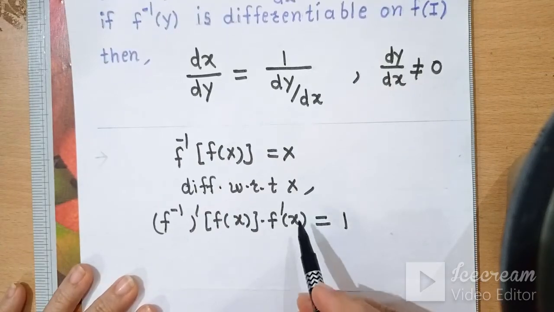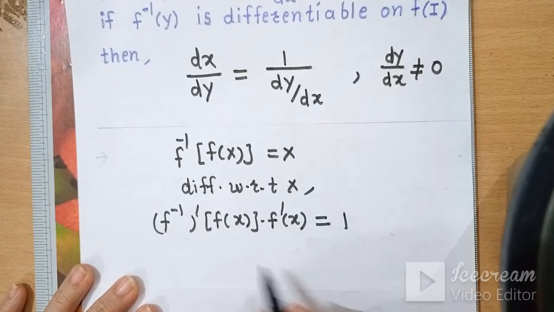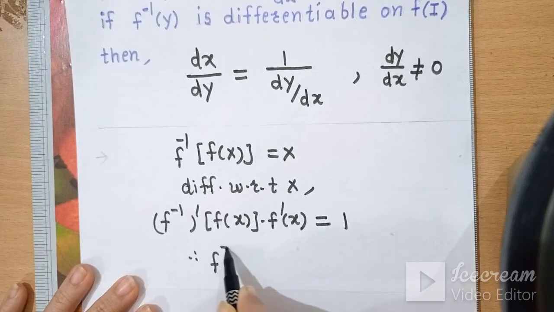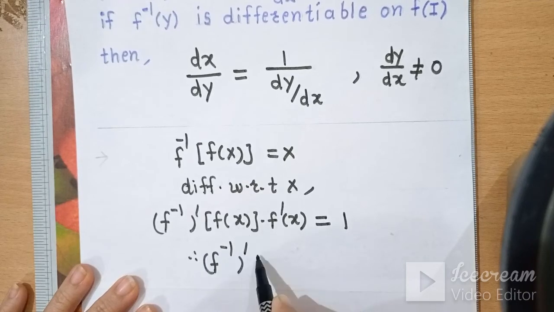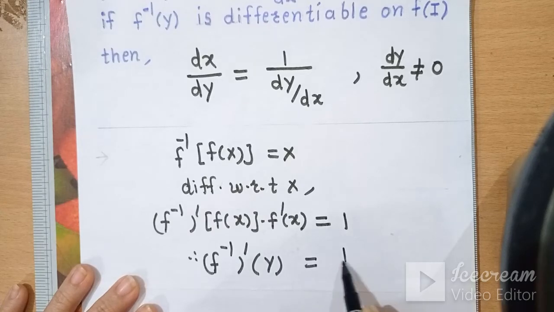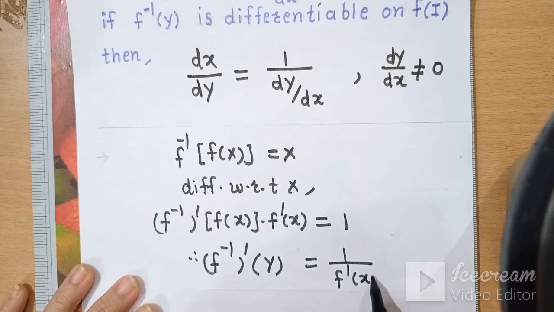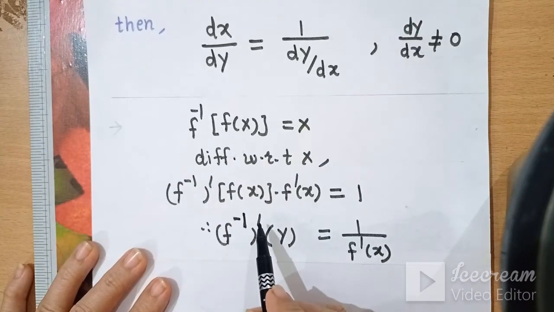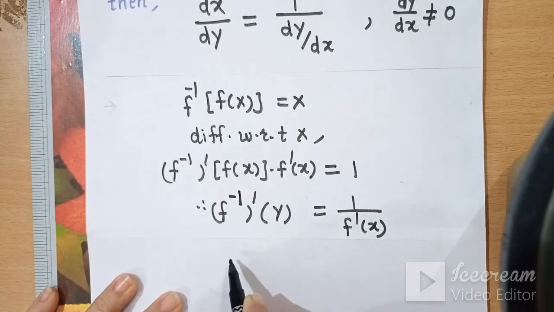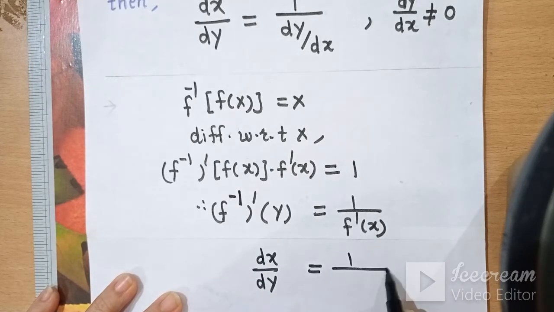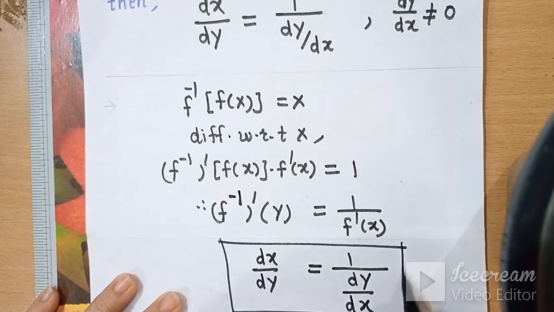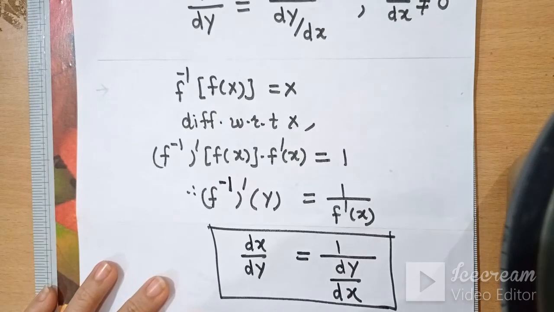Now in the next step shift this f dash of x there, and therefore f inverse dash of, now f of x means y, so I am writing y, is equal to 1 upon f dash of x. Now the derivative of x with respect to y, dx by dy, is equal to 1 upon f dash of x, which means dy by dx. So we are using this formula to find derivatives.